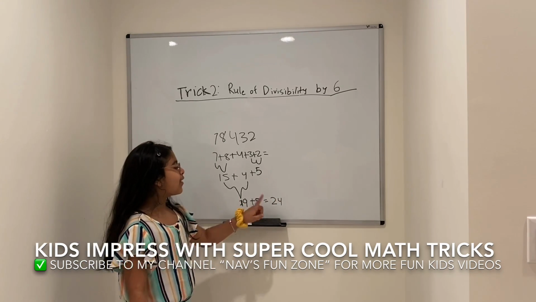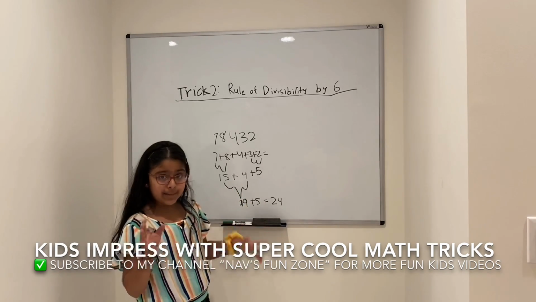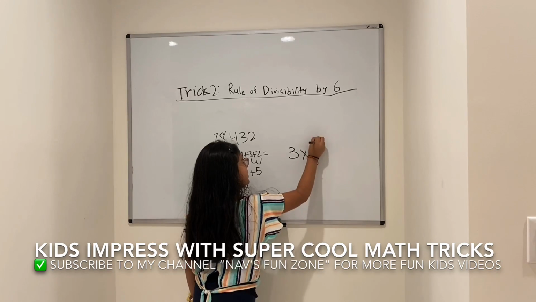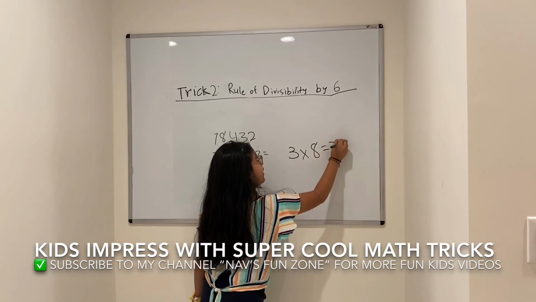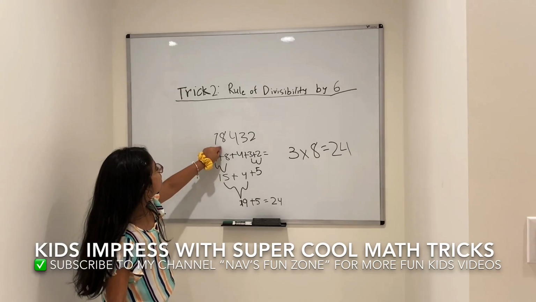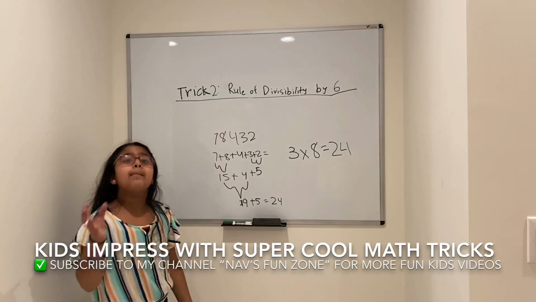And 24 is divisible by 3 because 3 times 8 is equal to 24. So now we know that 78,432 is divisible by 3.